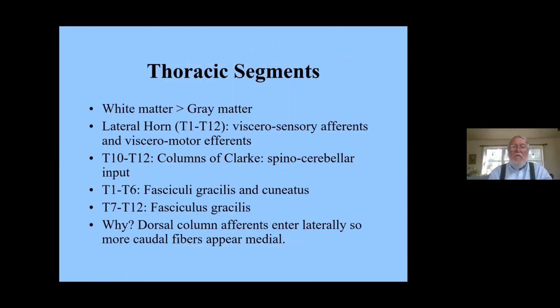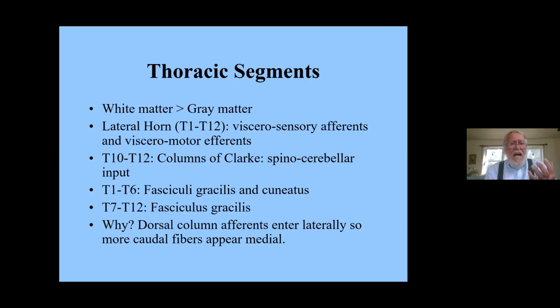Now we go to the thoracic segments. And in the thoracic segments, there's still more white matter than gray matter. And why is there? Again, it is those fibers that are either ascending up to the brain or descending from the brain to the lower parts of the spinal cord that have to traverse the thoracic segments to get there. So that's why there's that ratio.